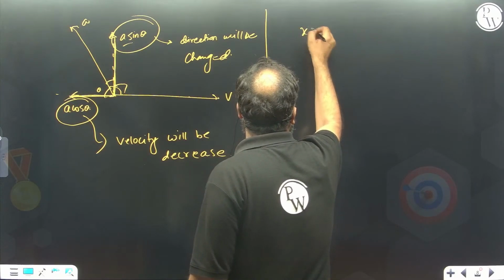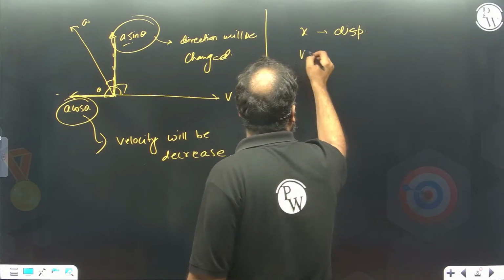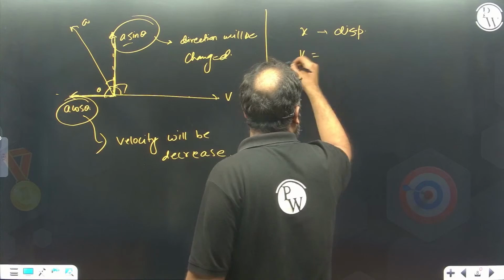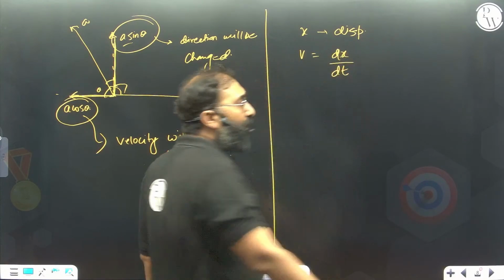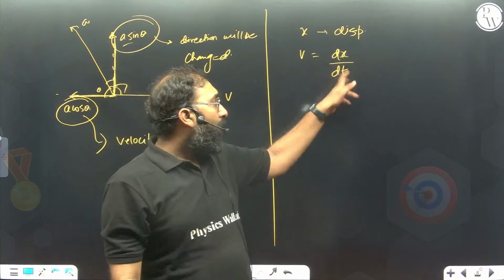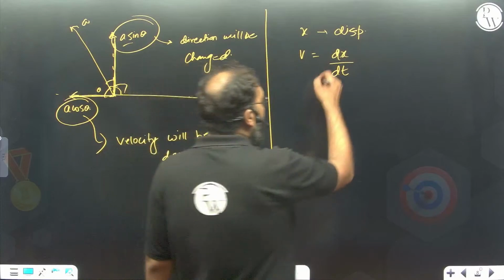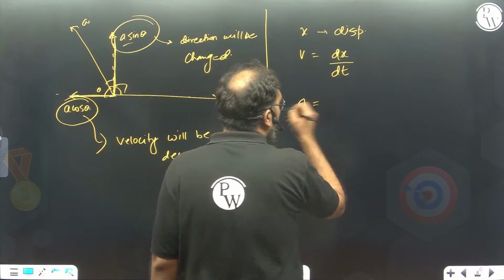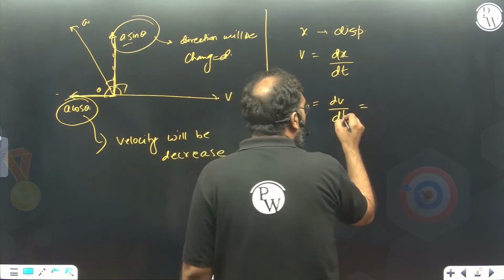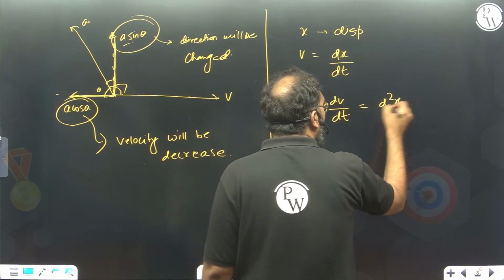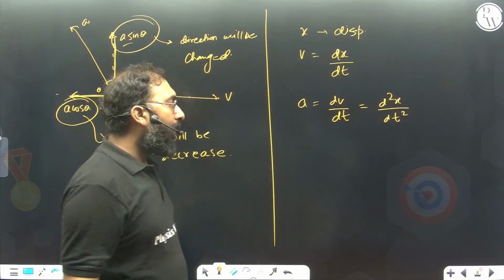If x represents the displacement of the particle and v represents the velocity, velocity is defined as dx by dt. So when you differentiate the displacement with respect to time, you get velocity, and acceleration is written as the rate of change of velocity, dv by dt, or it can be written as the second derivative of the displacement, d2x upon dt square.